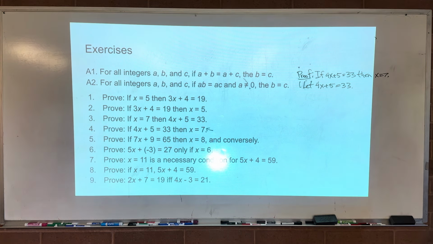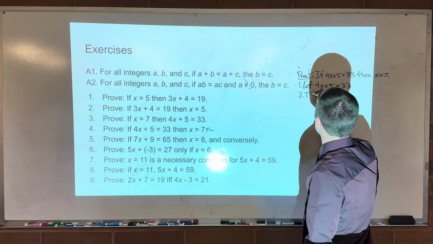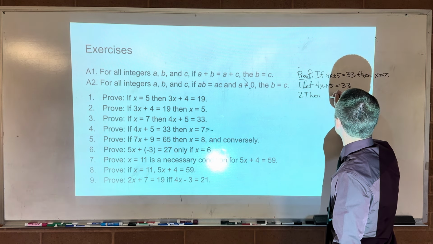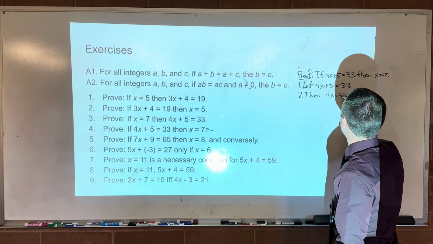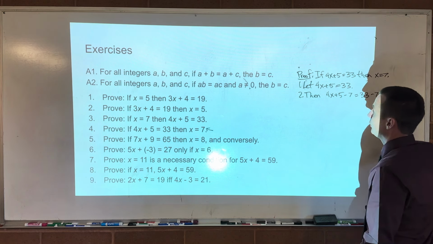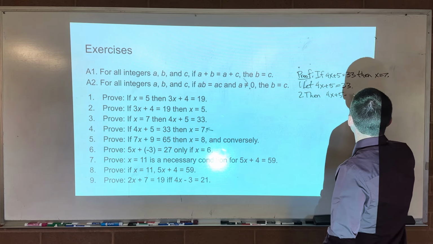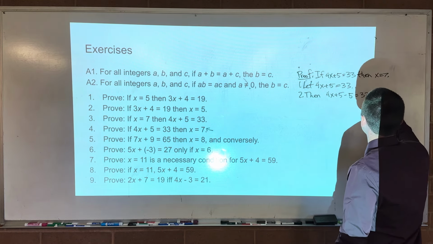Okay, now what am I going to do? Now you're going to subtract 5 from both sides. So I can say then 4x plus 5 minus 7 is equal to 33 minus 7. How do I know that? Why minus 7? I don't know. Good question.